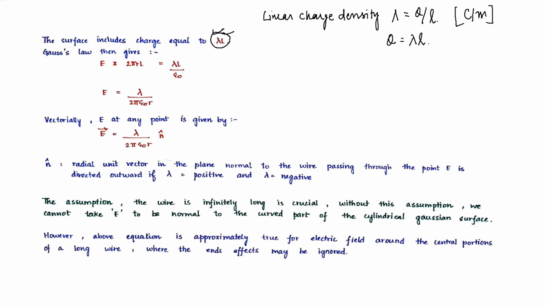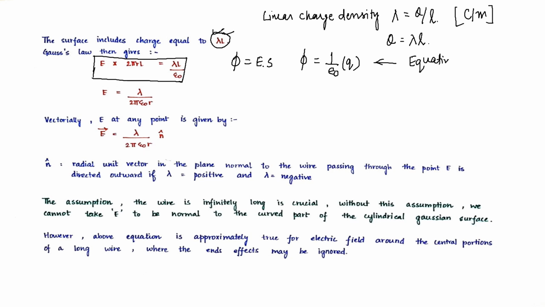Gauss's law then gives us E times 2 pi R L equals lambda L by epsilon naught. How do we get this? We get this from flux being given by E S as well as flux being given by 1 upon epsilon naught into Q. So these two equations give us the equation for flux. Now we are equating both the equations.